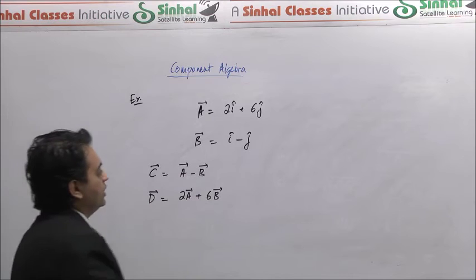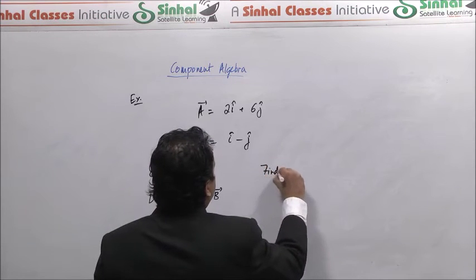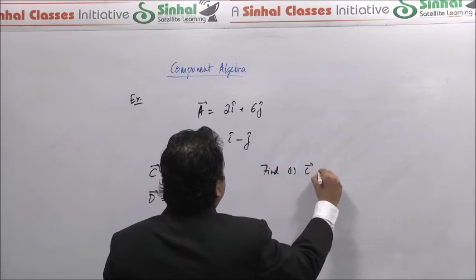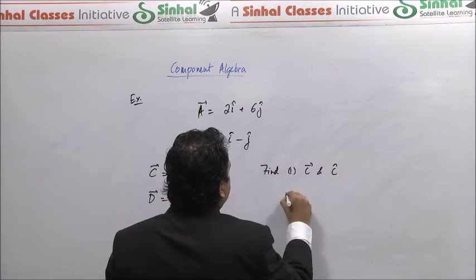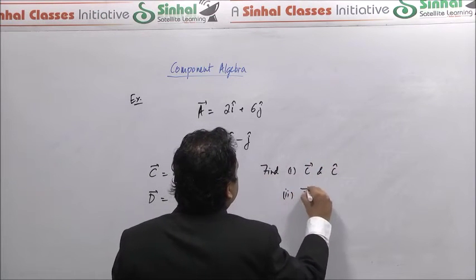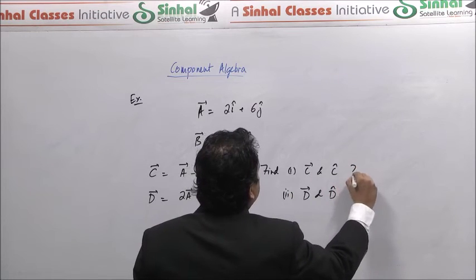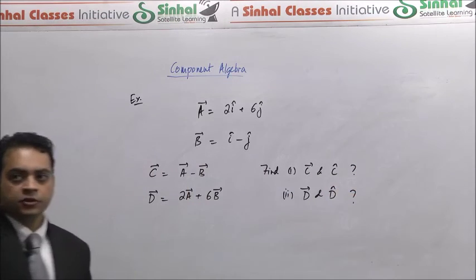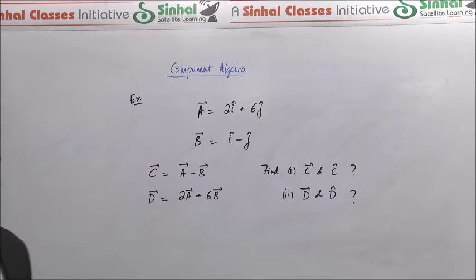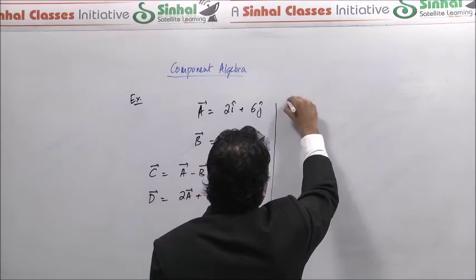So what we want to do next is find C and C cap and find vector D and its unit vector. So this is the next example we're looking at.